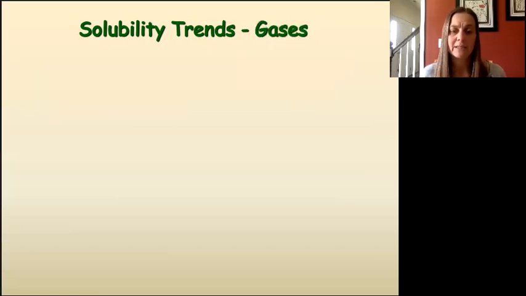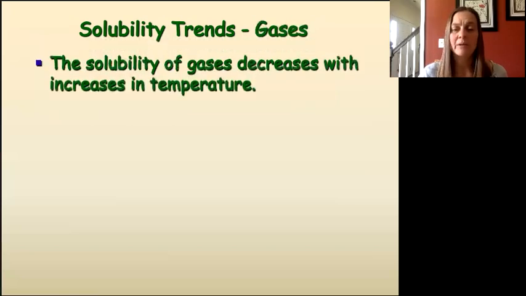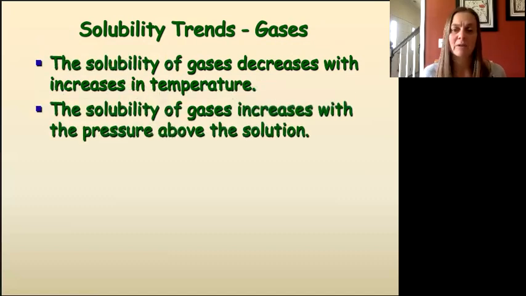When it comes to gases, the solubility of gases decreases with an increase in temperature. That means that the higher the temperature, the less soluble a gas is. This is why we like to keep our 2 liters of soda in the fridge, because it keeps them from going flat as fast. And the solubility of gases increases with pressure above the solution. This is why sodas are bottled at pressure.